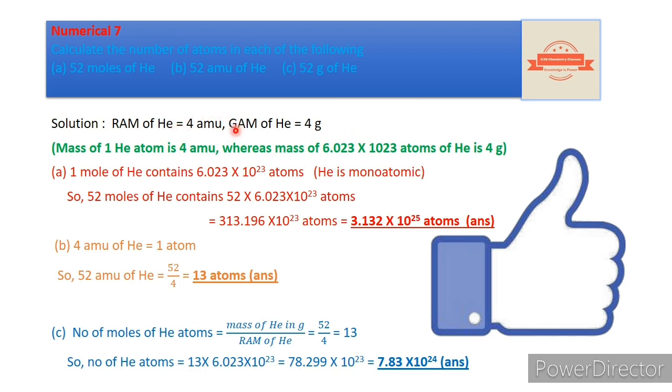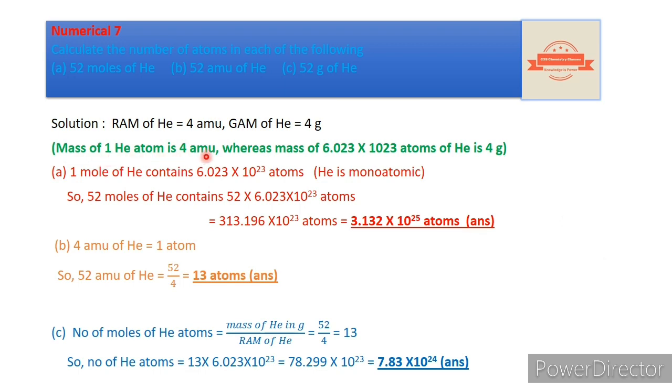It means the mass of one helium atom is 4 AMU, whereas the mass of Avogadro number of atoms of helium is 4 gram, that is 6.023 into 10 to the power 23 atoms.